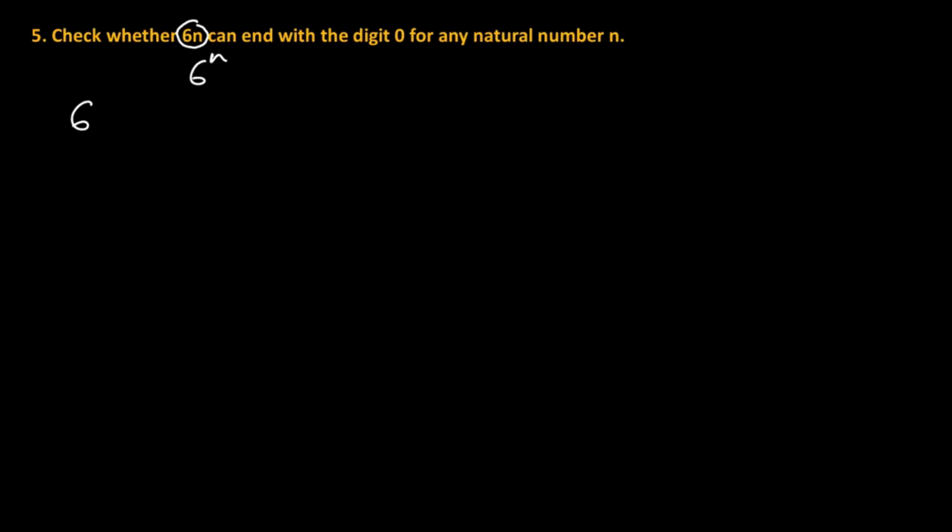So if you consider 6, what is the prime factorization? 2 and 3 and 1. So you have only factors 6, 3, 2 and 1. If it ends with 0, it must have a factor of 5. It doesn't have any factor of the prime number 5.